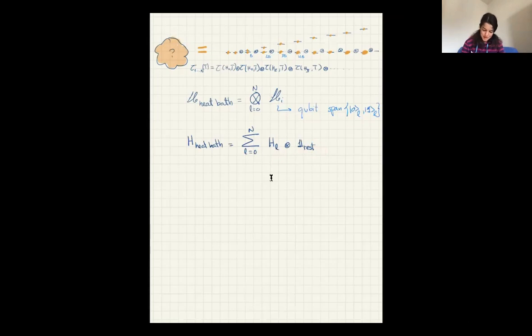What we want here is for this H_L to increase with L. So it's going to be delta times the number L, and this is the excited state, right? So the energy of the excited state is always going to be L times delta, so it will increase with L. And how do we choose this delta?